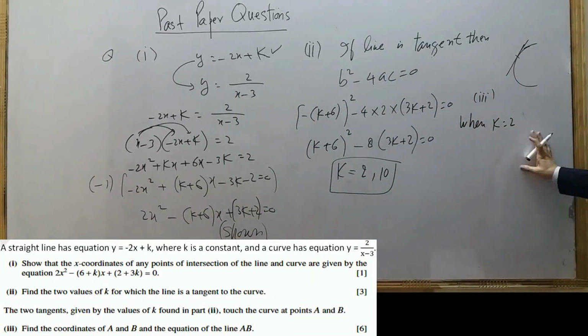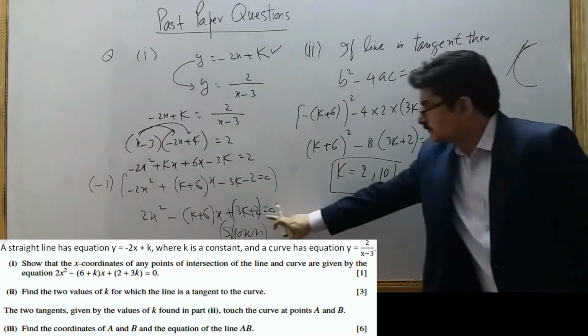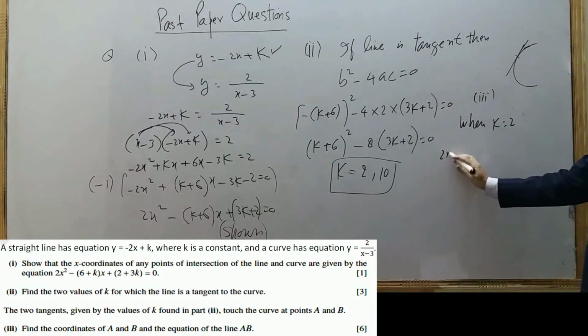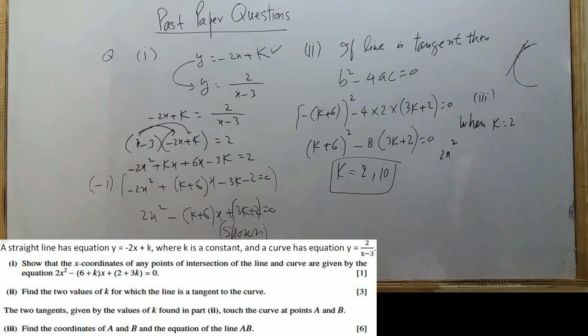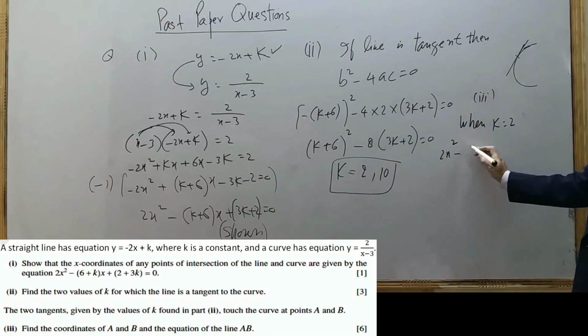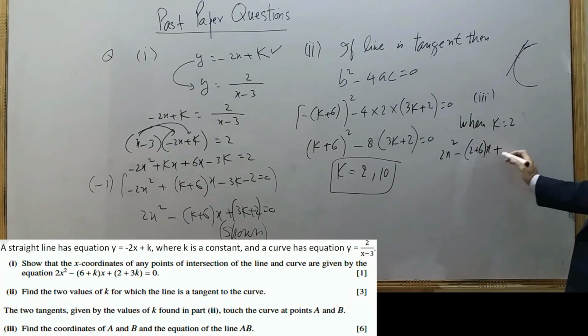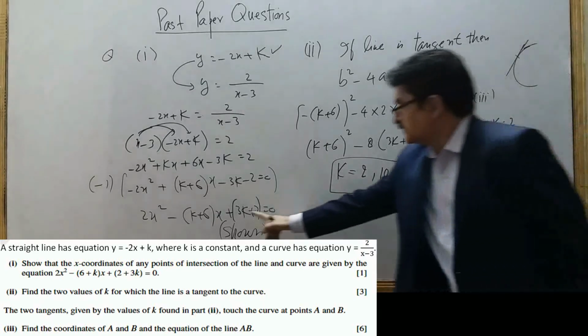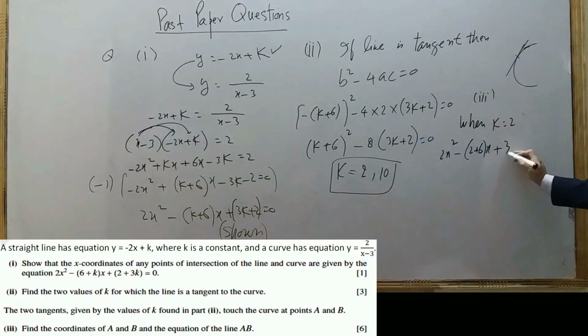So when k is equal to 2, putting in this quadratic equation, we have 2x square minus (2 plus 6) into x plus 3 into 2 plus 2 equal to 0.